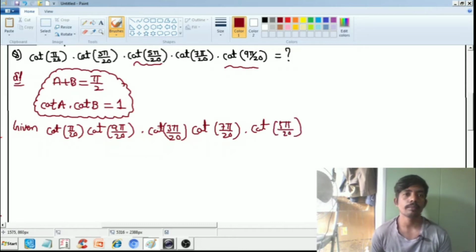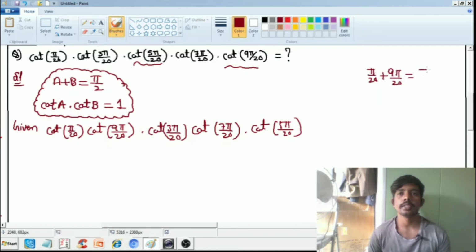Now if this is A and this is B, pi by 20 plus 9 pi by 20 is how much? This is pi by 2, right? Let us treat this as A and this as B. A plus B is equal to pi by 2, so cot A into cot B is equal to 1.